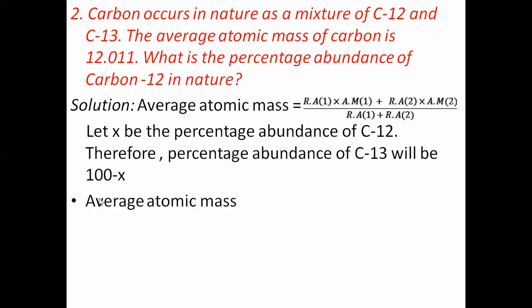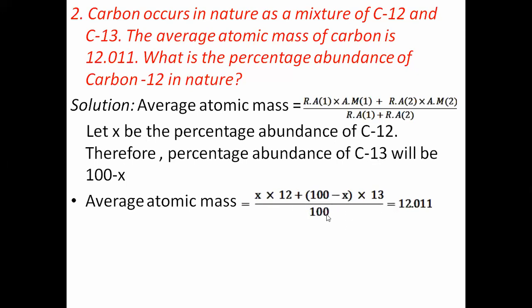So now how to calculate average atomic mass? It will be the relative abundance of the first, carbon 12, how much? X. So the relative abundance of the first, X, into 12, the atomic mass of carbon 12, plus the relative abundance of the second isotope, carbon 13, how much? 100 minus X, into 13, the atomic mass of carbon 13, by 100.